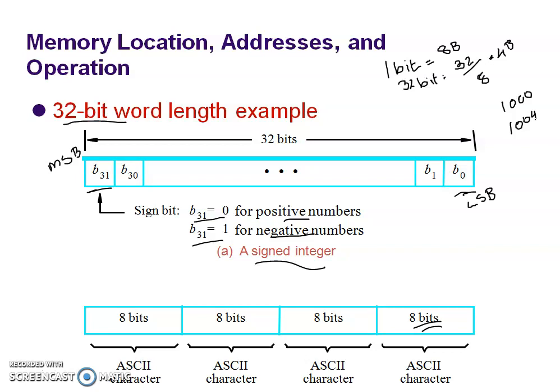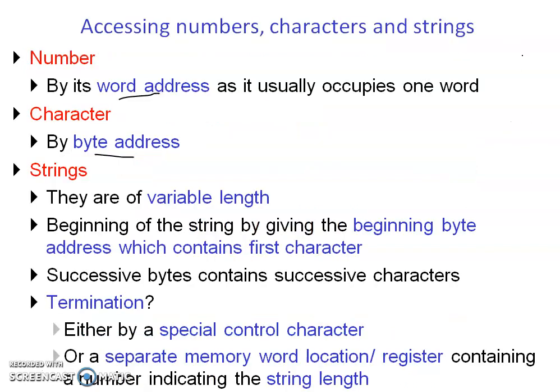Why? 1000, 1001, 1002, 1003 will be taking 4 bytes. In this way, you will be giving the address for each word. So any number can be accessed based on the word address, and any character can be accessed based on the byte address.